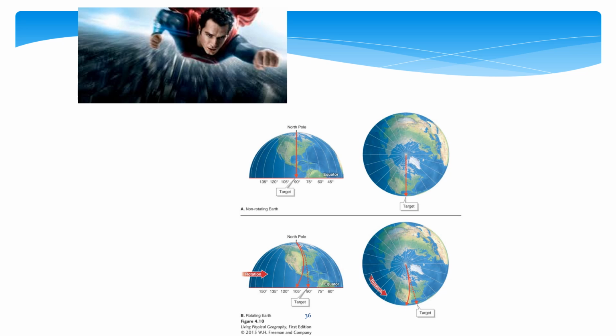However, that's not how this story plays out, because our Earth does rotate, and that causes his straight line to appear that he is actually bending. What's happening is when he takes off, he's going straight, but the Earth is rotating.